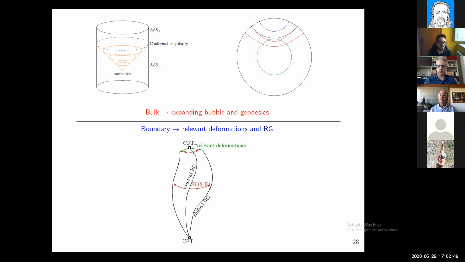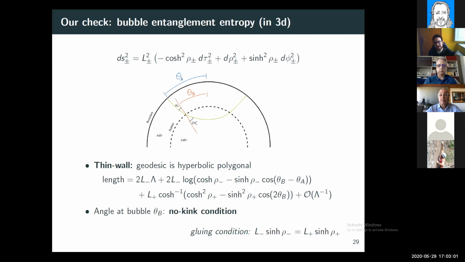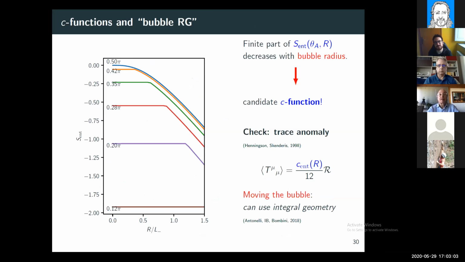And there ought to be some relevant deformations that correspond to the possibility of nucleating the bubble. And then, in order to actually check that this works out, we computed the entanglement entropy of the dual theory, and actually it goes down monotonically, as you would expect from an RG flow. So this interpretation is not completely solid, but it does appear to make sense.